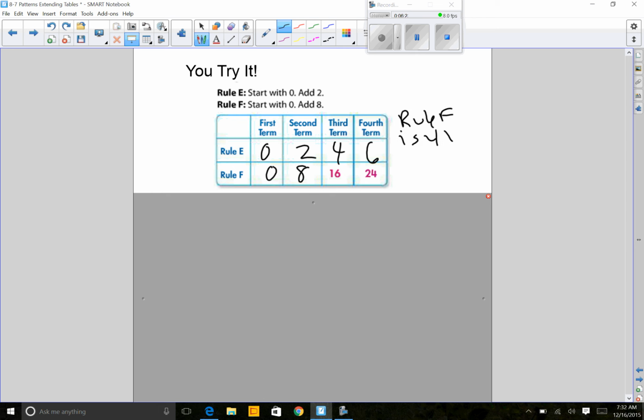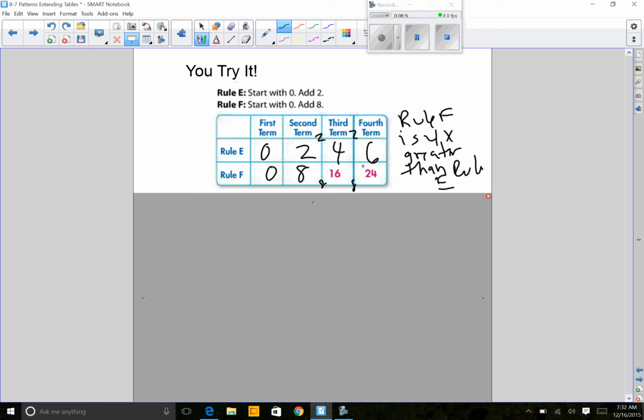So we would say rule F is 4 times greater than rule E. It's just 4 times bigger than this, that's 4 times bigger than this, and so on. We could also say that rule F grows 4 times faster, because this grows by 2s and this grows by 8s.